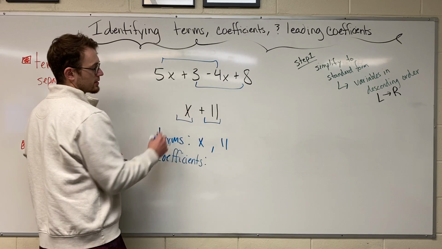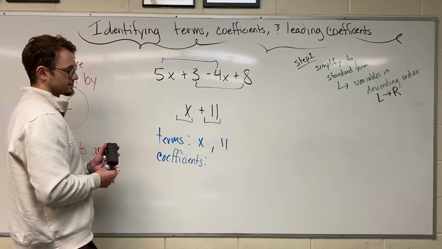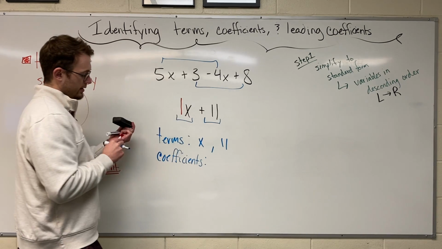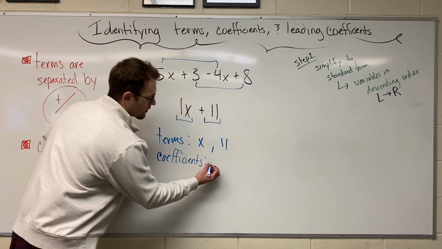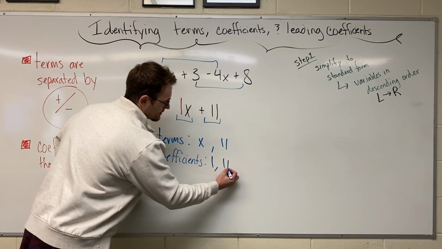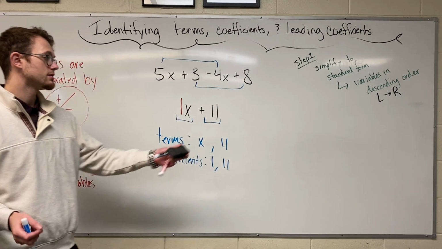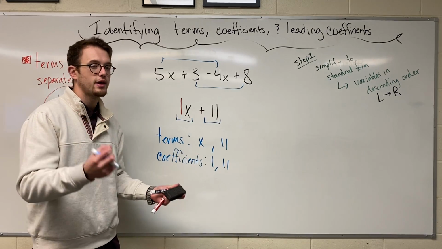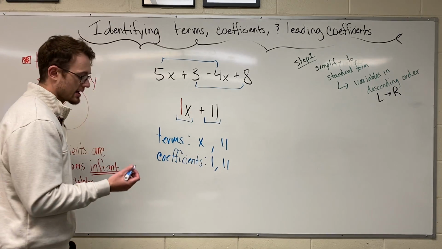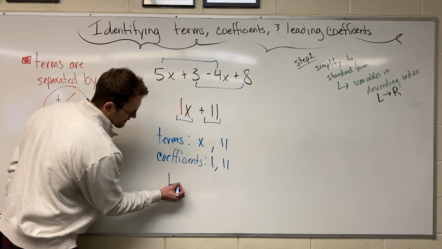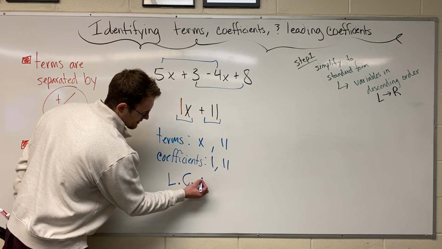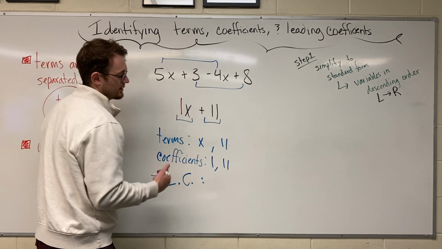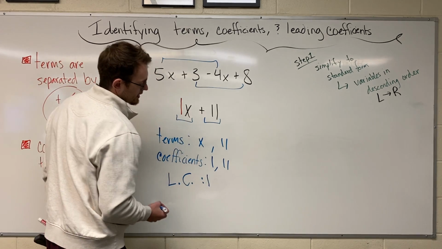What number is in front of that x? There's that invisible 1. So my coefficients would be 1 and 11. Because remember, like I was just talking about, even though there's not a variable there that you can see, that 11 is in fact a coefficient. So it's 11. And then if I was asked for the leading coefficient, that would be the leading, the first one, the one that's in lead, would be 1. Okay?